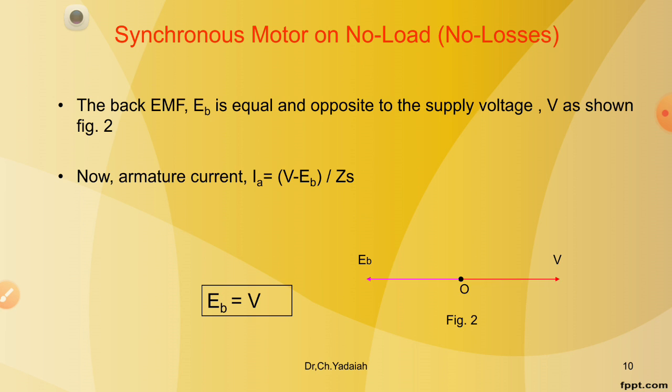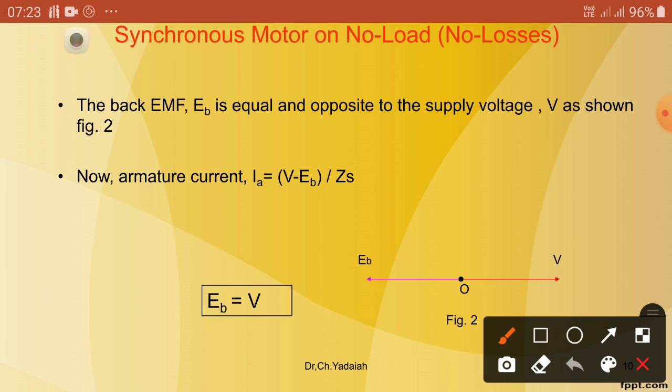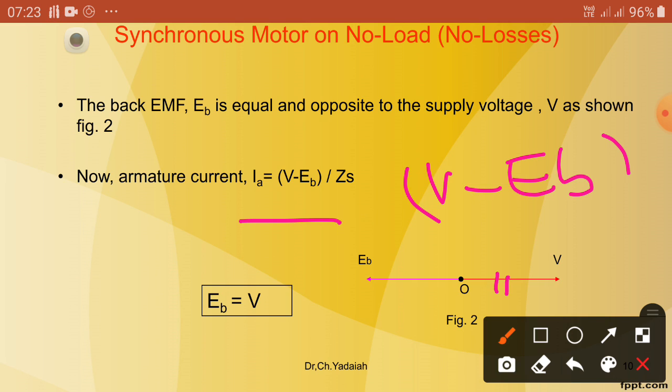So what is the formula? We have seen IA is equal to V minus EB by ZS. Here, V minus EB is the difference value. In this case, the applied voltage is equal to the induced voltage but in the opposite direction, so the difference of this voltage becomes 0.